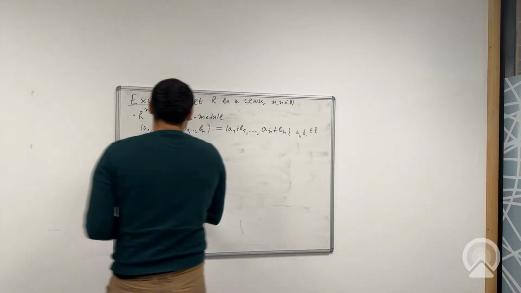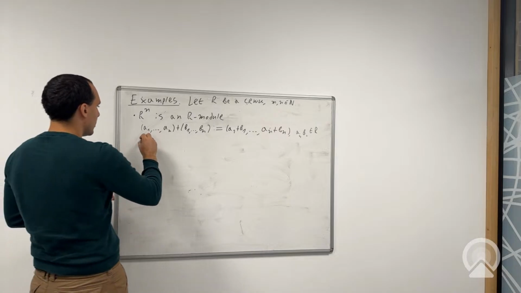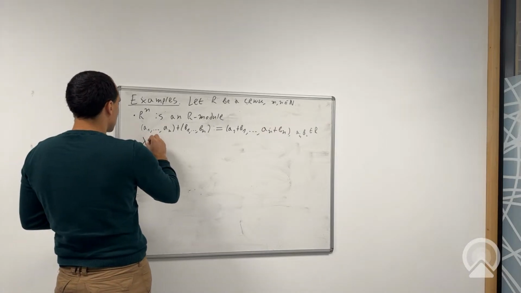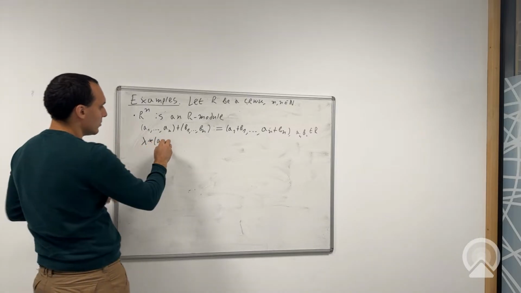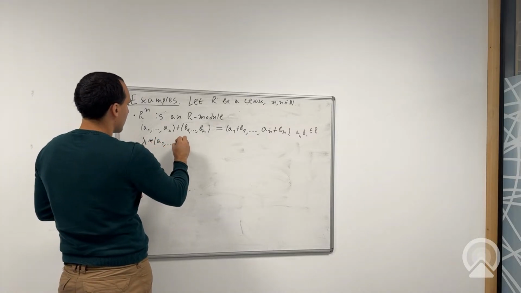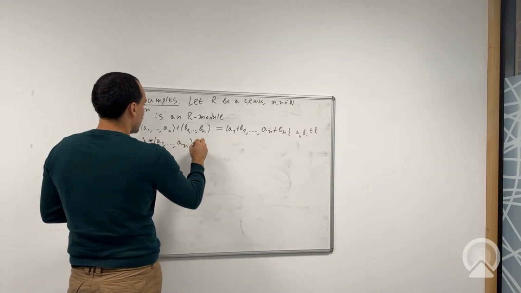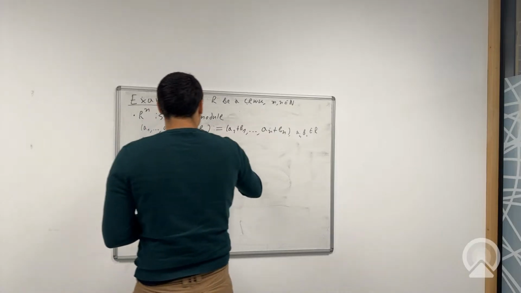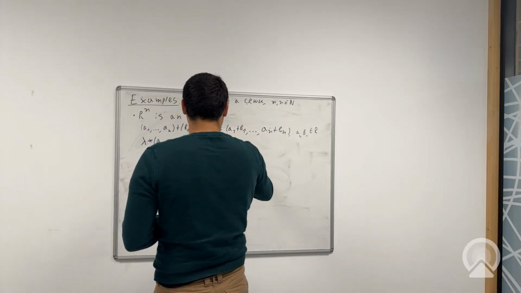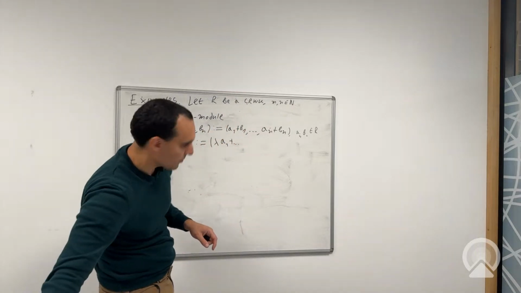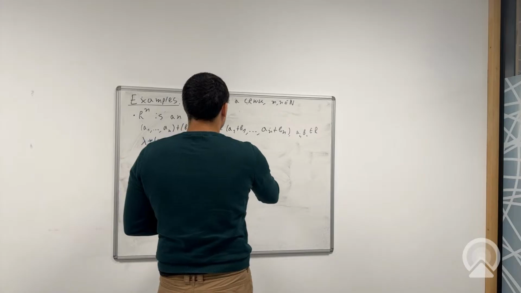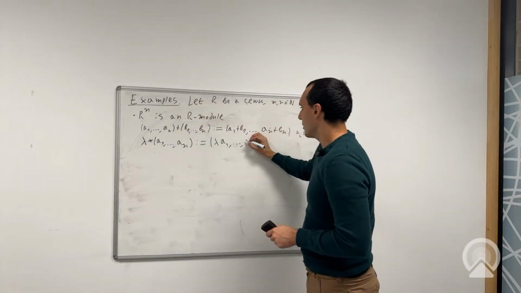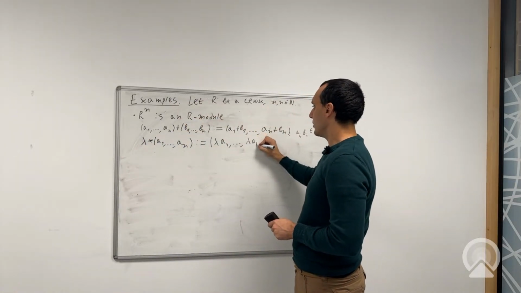And multiplication is given component-wise, so lambda times (a_1, ..., a_n). Usually this sign is omitted, but I will write it here. Is by definition the tuple (lambda a_1, ..., lambda a_n).